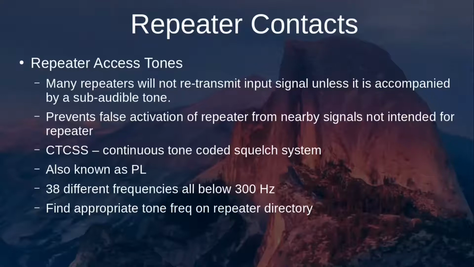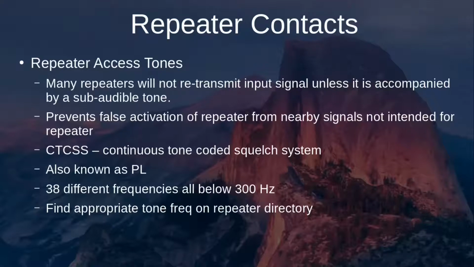So repeaters solve this problem by having a certain code, a subaudible code associated with them. So this is something you need to actually program into your radio. And every time you transmit or you push your PTT button and try to access a repeater, that subaudible tone will be transmitted along with your push to talk and be transmitted to the repeater.